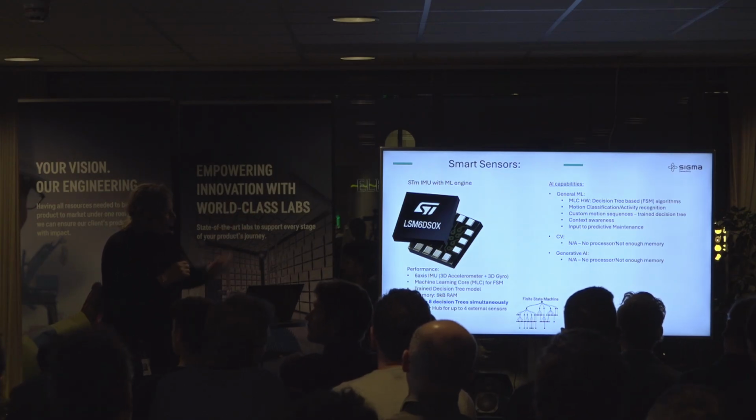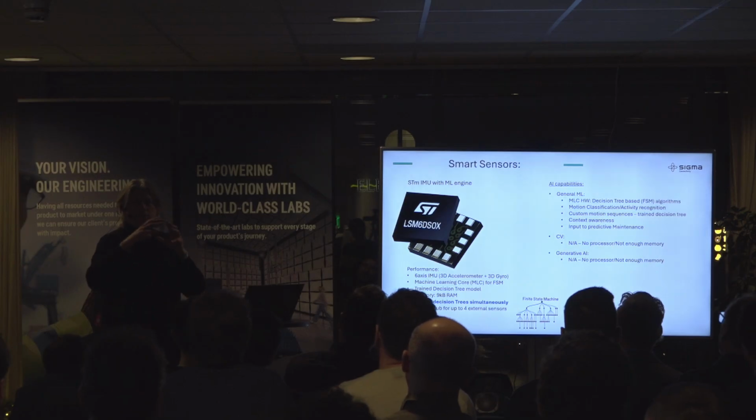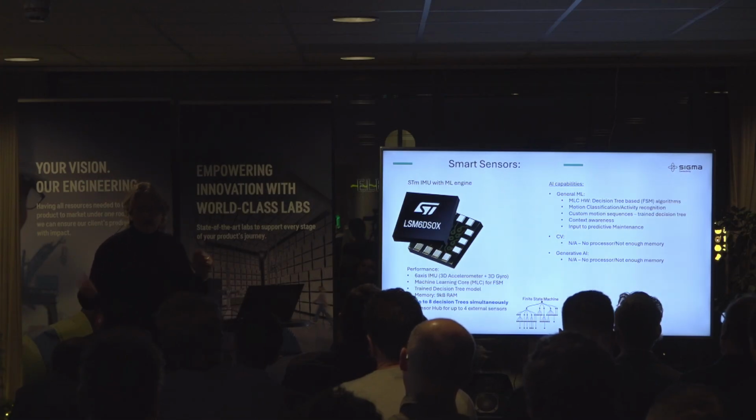Some of these devices come with a small module that makes them run a finite state machine, so it's not AI, it's not a neural network, but it can create various decision trees. So based on training, it can learn to detect motion like running, walking, shaking, dancing, etc.